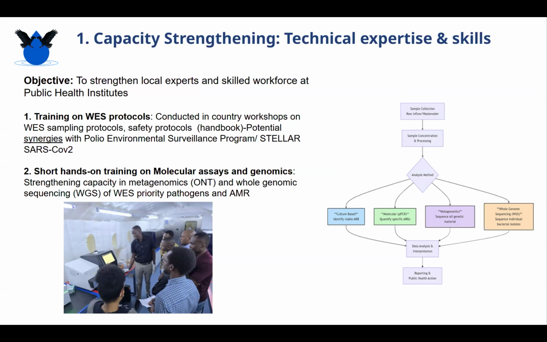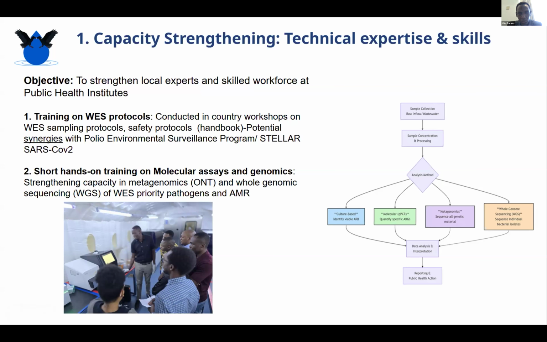And the other approach was to organize tailor-made training for areas that my colleagues have already mentioned: metagenomics and whole genome sequencing, and also qPCR approaches for known targets.